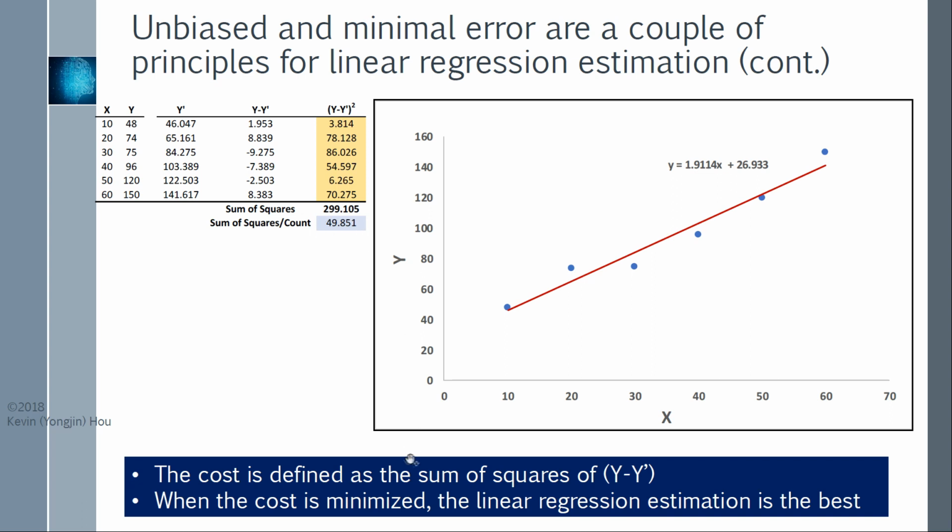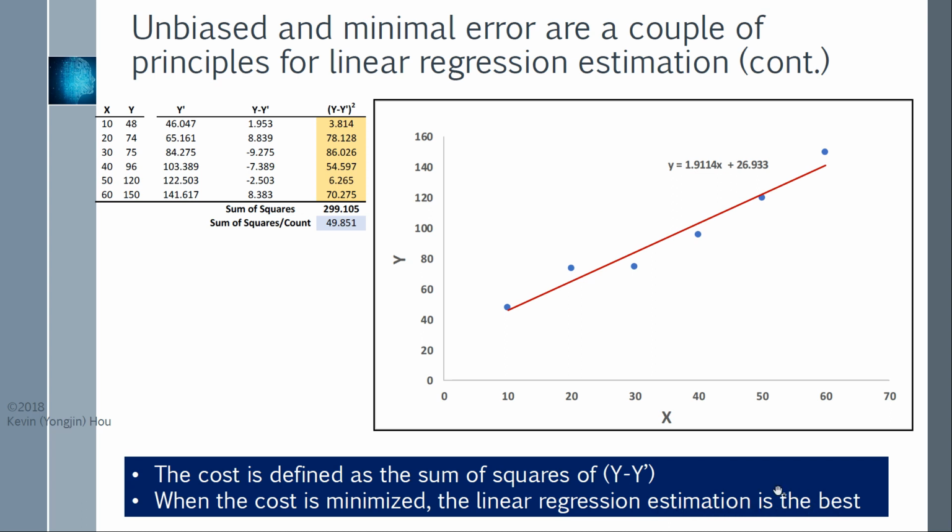So the basic idea is a machine learning algorithm will also need to define a cost. In linear regression, the cost is defined as the sum of squares of errors. And whenever you have a way to minimize the errors, minimize the cost, this linear regression estimation is the best.